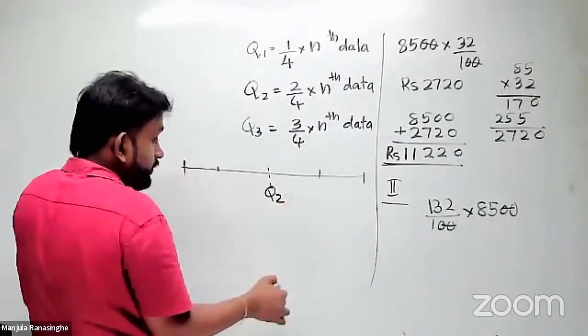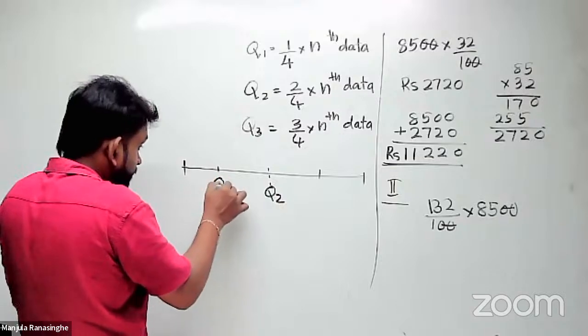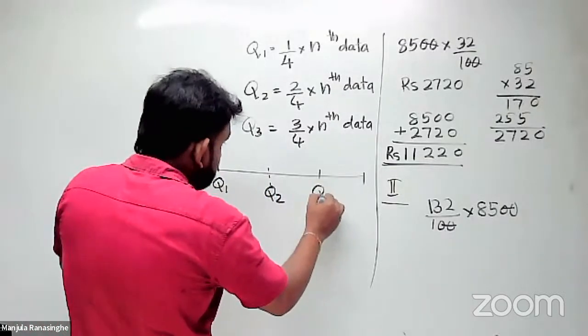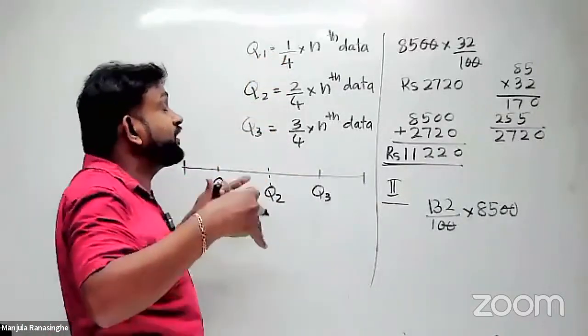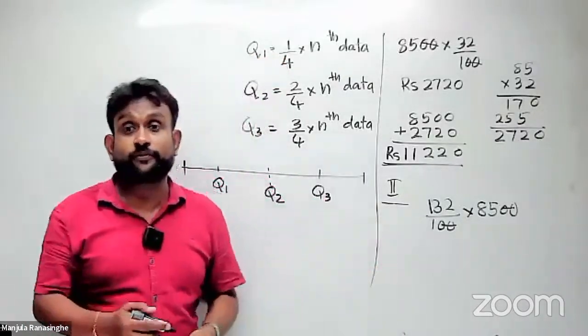It is divided into 4 parts; the 1/4 value is Q1 and the 3/4 value is Q3. These formulas give the position, not Q1, Q2, Q3 themselves.